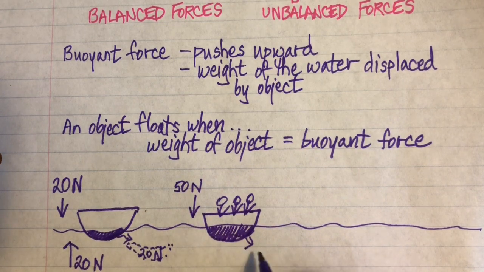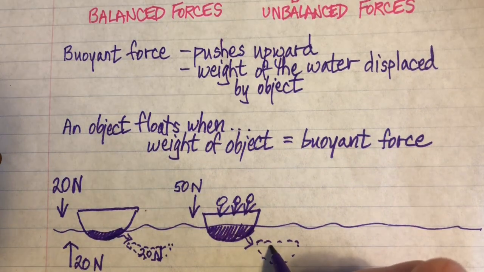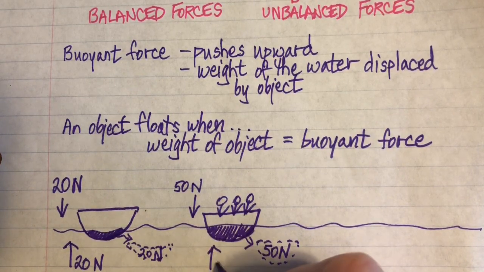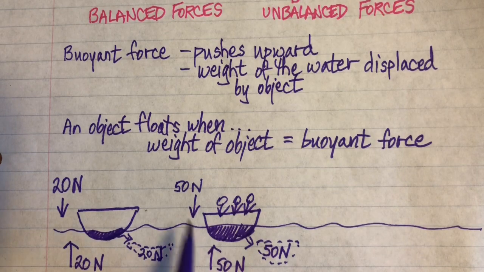This much water is displaced now, way more than in the first case. This amount of water also weighs 50 newtons. The weight of displaced water equals the buoyant force. So 50 newtons is pushing up. Balanced.